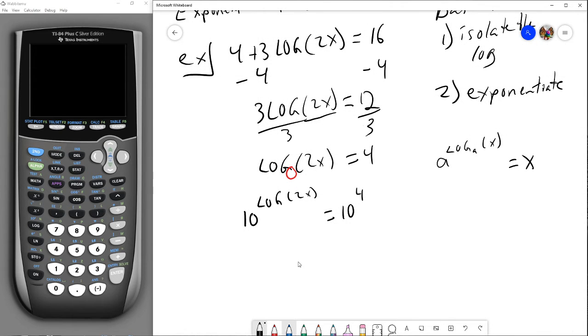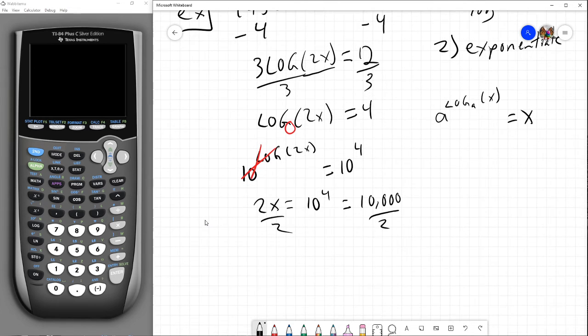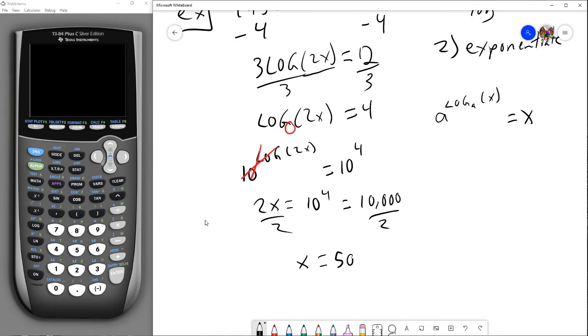So when I look at the left side now, we can apply our property, and the log and the exponential kill each other off, leaving us with 2x is equal to 10 to the 4th, which is just 10,000. Now we can divide both sides by 2 and get x is equal to 5,000. So this is our first example to get our feet wet in this subject.